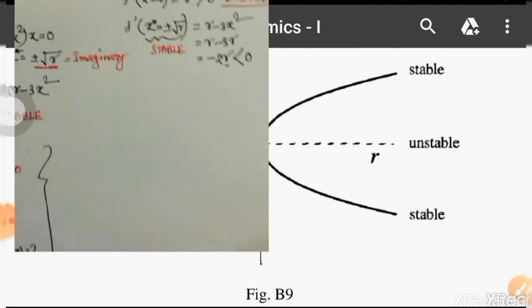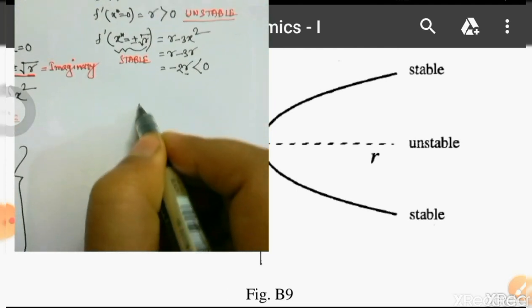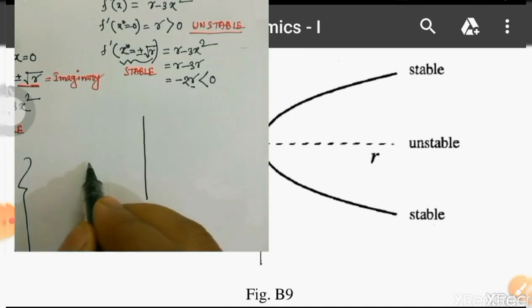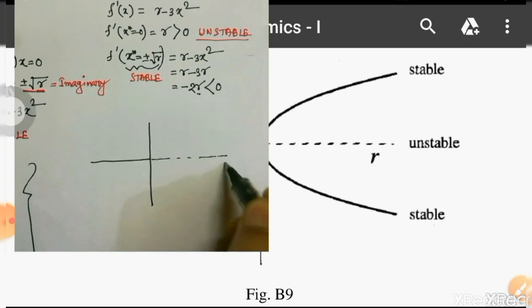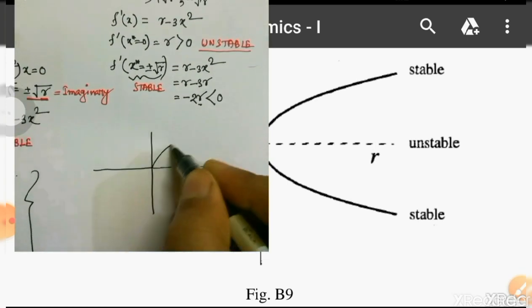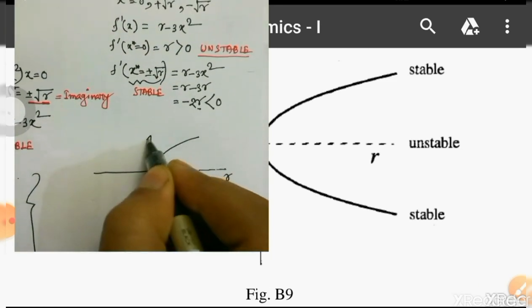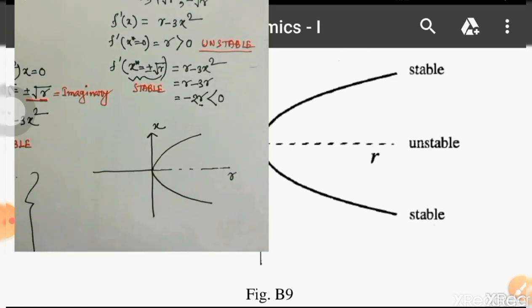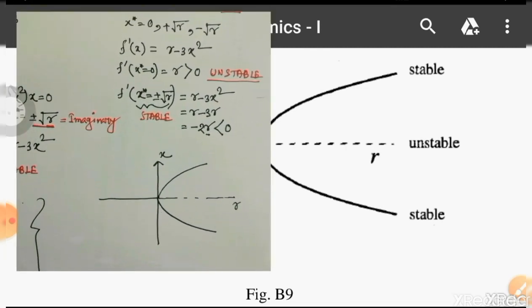So, the bifurcation diagram for pitchfork bifurcation is like this. Along this axis r, and along this axis x is plotted.